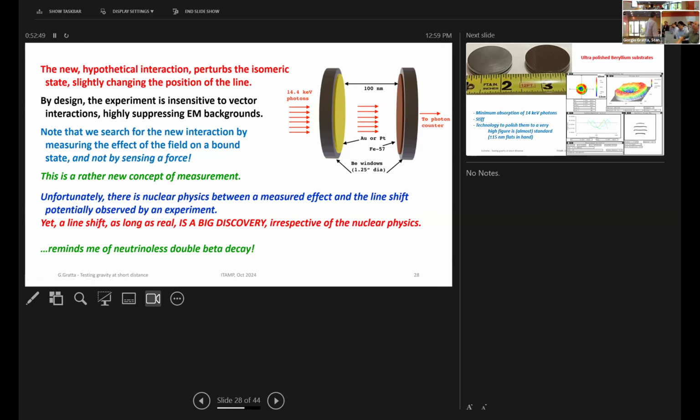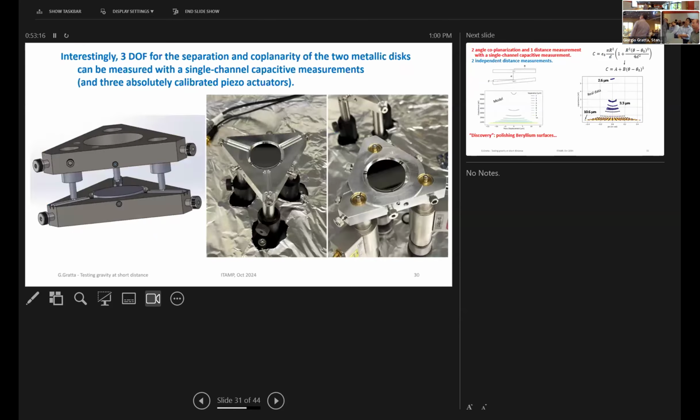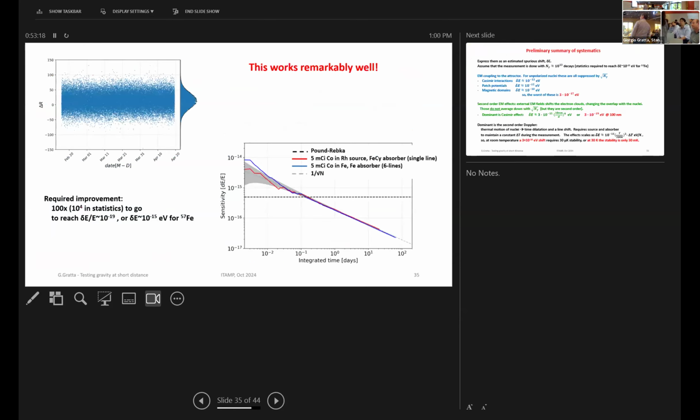However, as in neutrinoless double beta decay, if I find that the line shape moves as I bring mass close, well, I am convinced myself and the rest of the world that the systematics are not moving, there are no systematics. That's a big discovery. Now, exactly how that goes into calculating a new interaction strength and so on, I don't know.